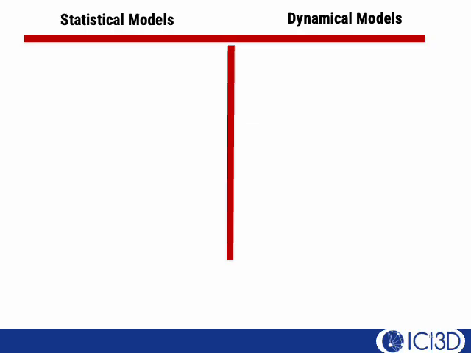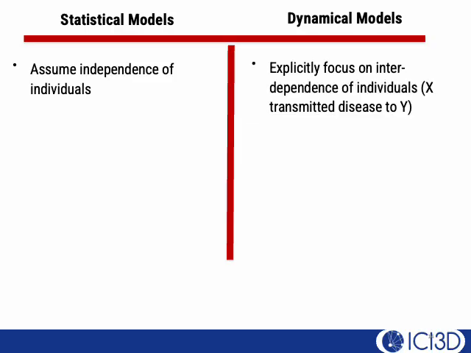In order to do descriptive and risk factor analyses from data collected through epidemiological studies as described in this lecture, we make the implicit assumption that the individuals we sample are independent of each other. Dynamical models focus explicitly on the interdependence of individuals. For example, we explicitly model the transmission of disease from person X to person Y.